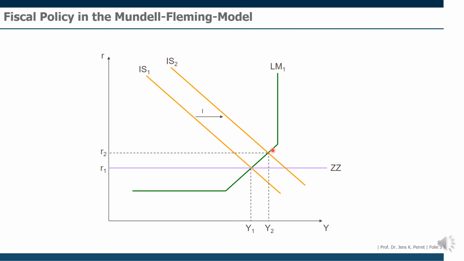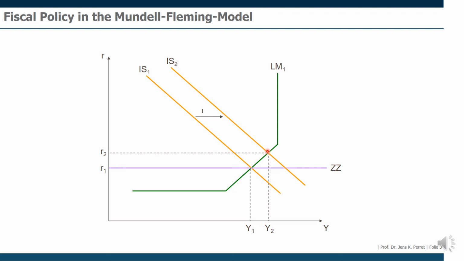To keep the euro from appreciating, the central bank actually starts acting. At this moment, there's a relatively high demand for euros. That's what is pushing the price of the euro upwards.